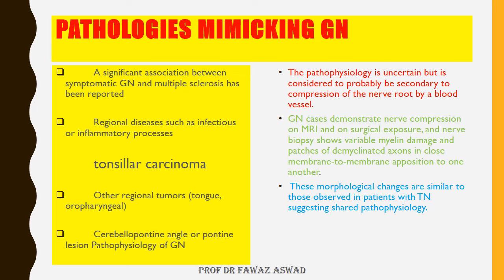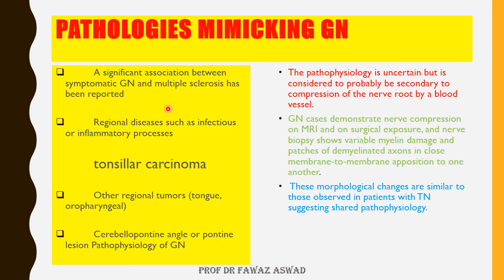What are the pathologies? Again, we can demonstrate that it may be associated with multiple sclerosis, even an inflammatory process or tonsil carcinoma. And another important and serious condition, for which further investigation is recommended, is whether there is a regional tumor along the distribution of the nerve.